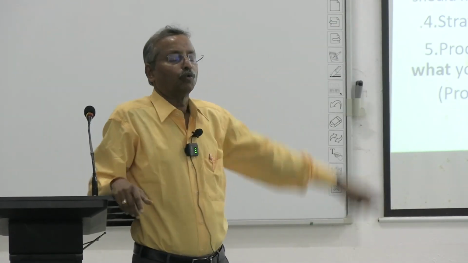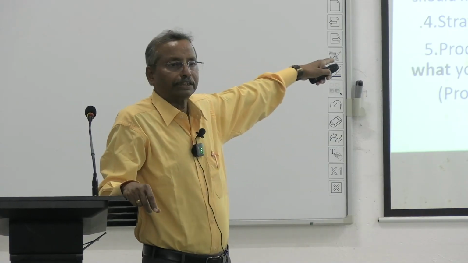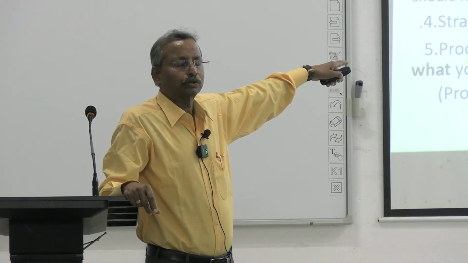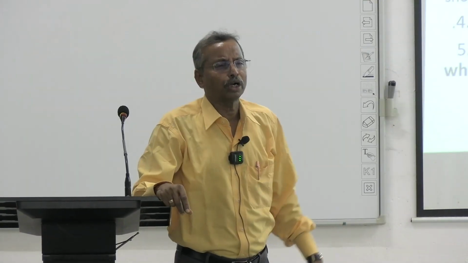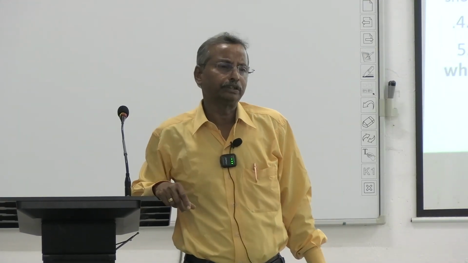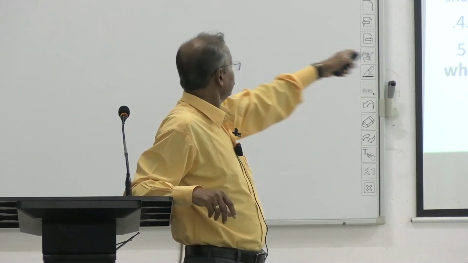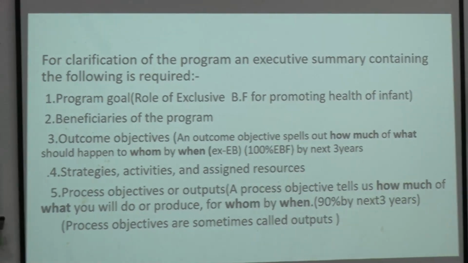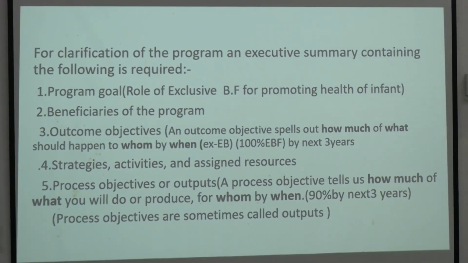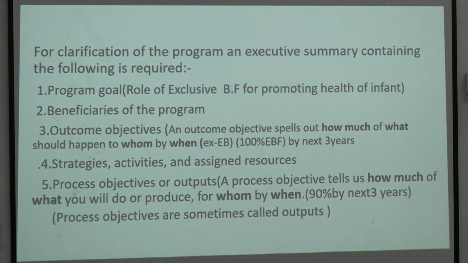Next one is what were the outcome objectives. What is an outcome objective? The outcome objective tells us how much of what should happen to whom by when.